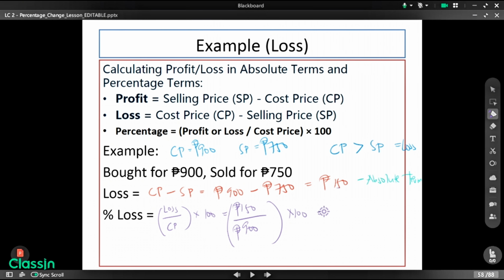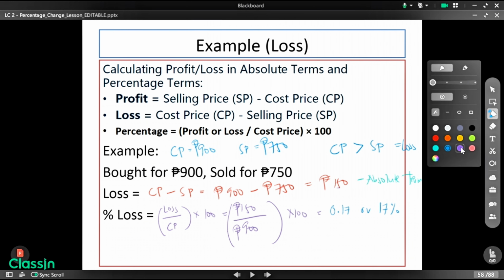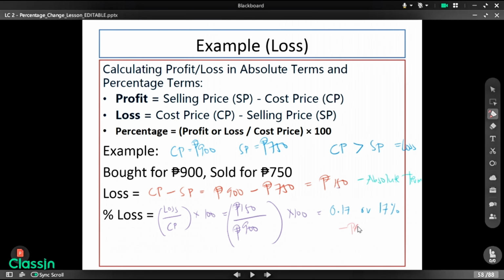The answer is 0.17 or 17%, meaning you lost 17%. This is your percentage term.